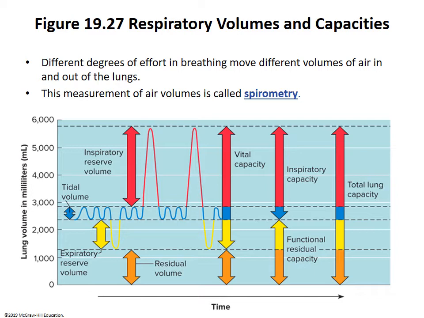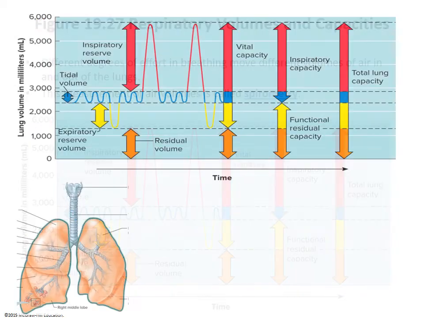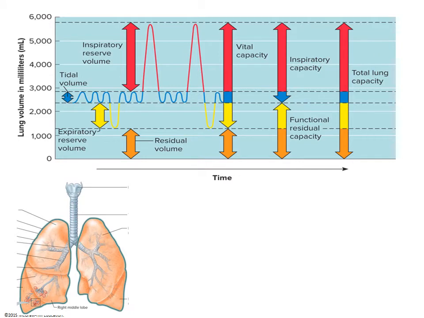Anyway, the act of doing this is called spirometry. And on this chart, it tells various different divisions. Now, I'm going to pull this up on another slide here. So it's up above and with another picture of the lungs down here on the bottom.